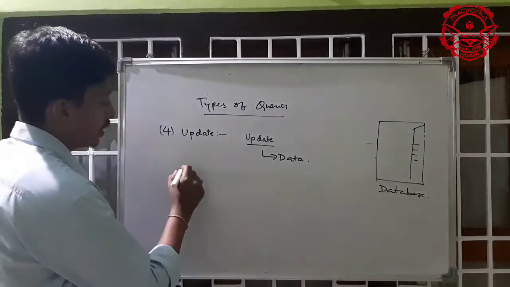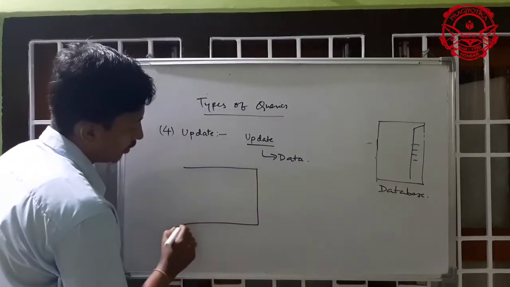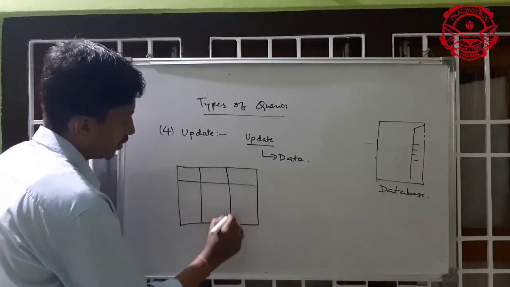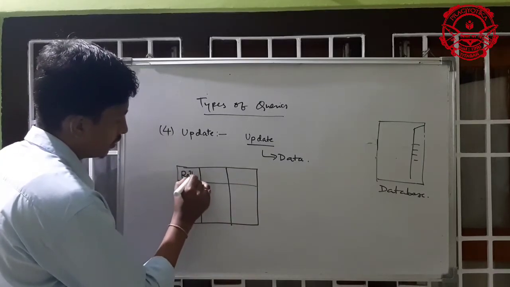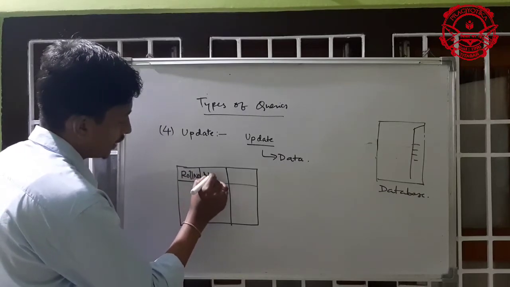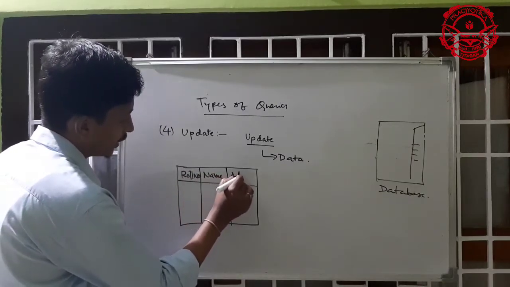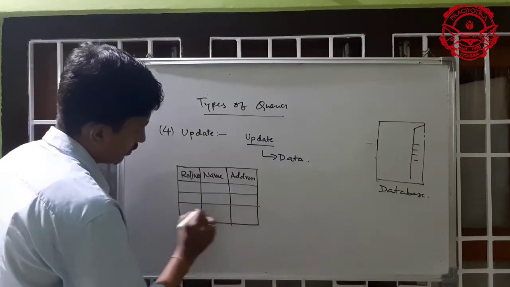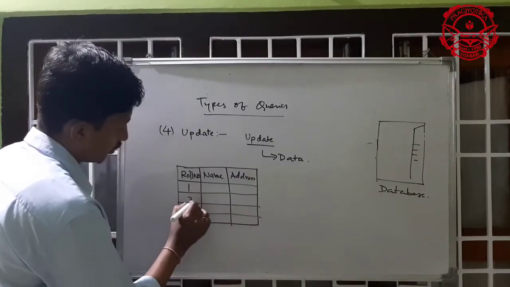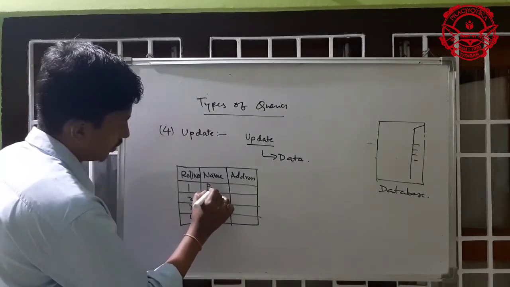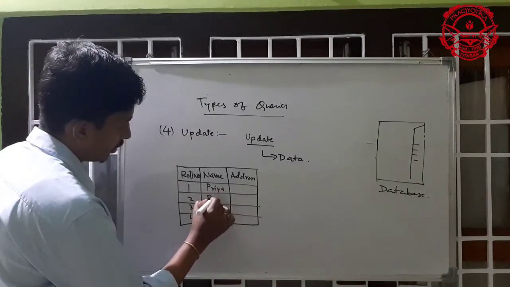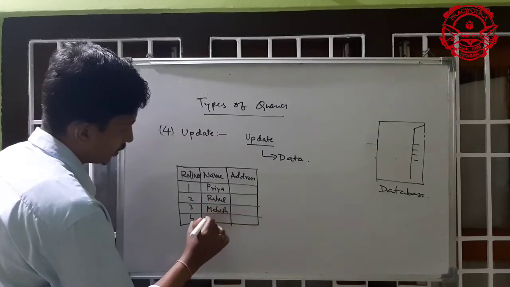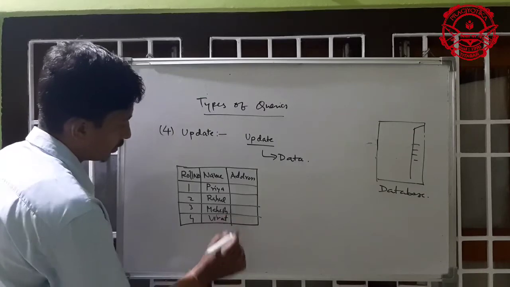For example, say this is an existing table. This is roll number, name and address. One, two, three, four. Priya, Rahul, Mahesh, Virat.